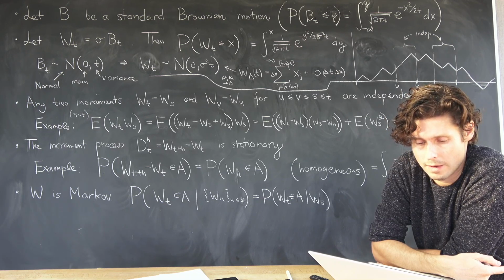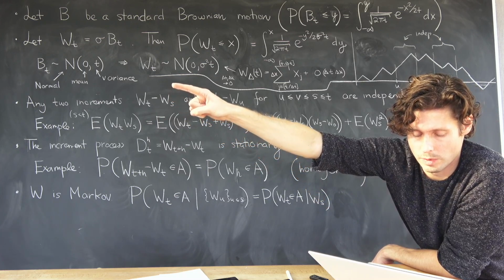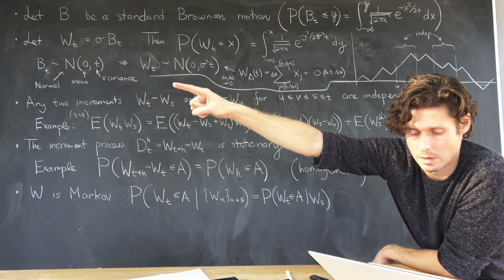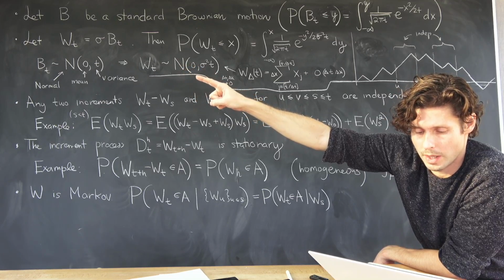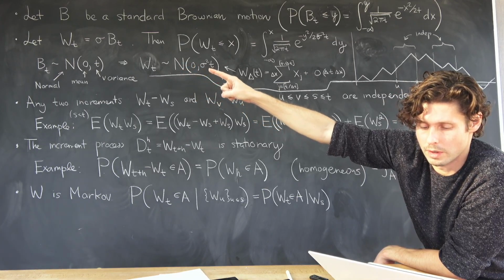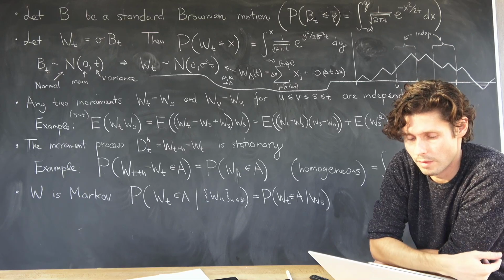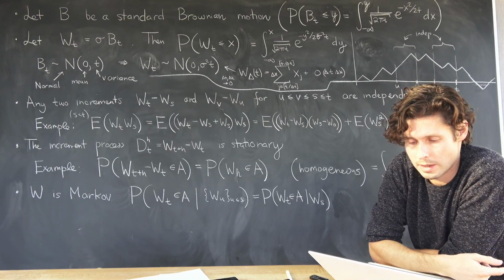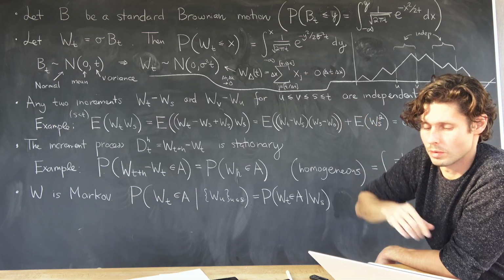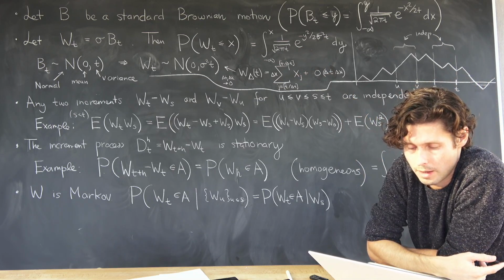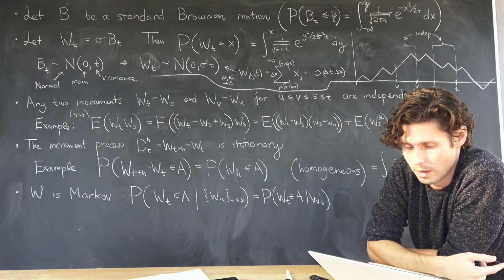When you have a normal random variable, which is what B_t is, normal with mean 0 and variance t, and you multiply it by some number sigma, what's the distribution of that? Well, you just pick up sigma squared in the variance, and that's exactly what we've seen. This density here corresponds to a normal random variable with variance sigma squared t.